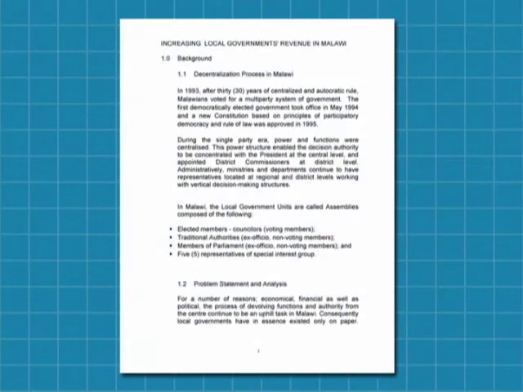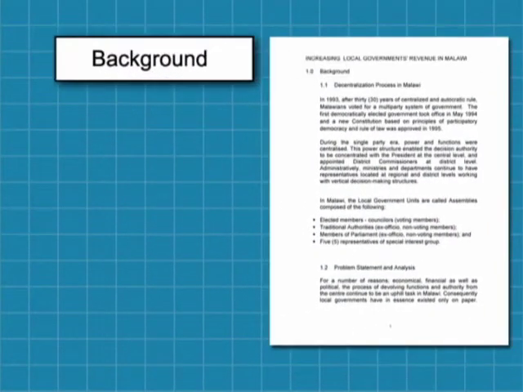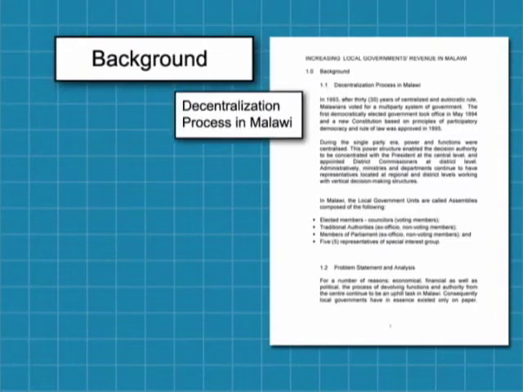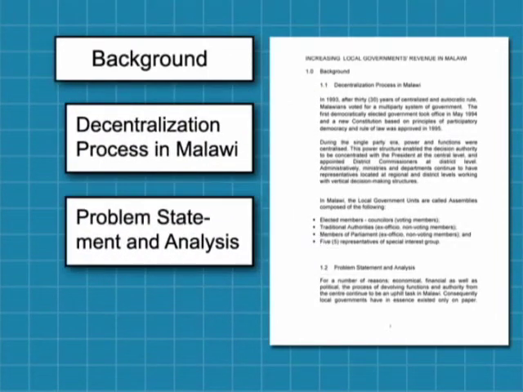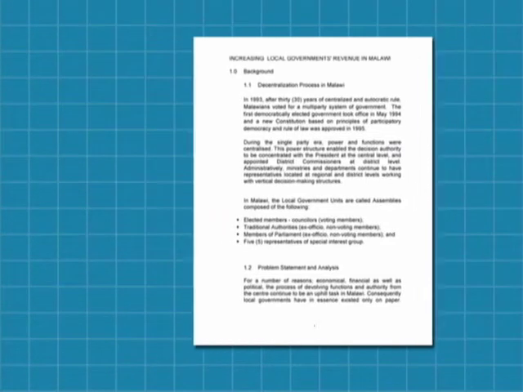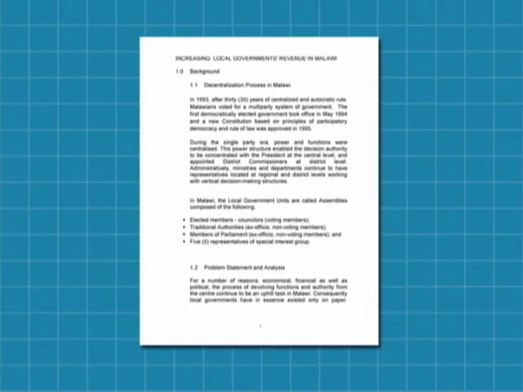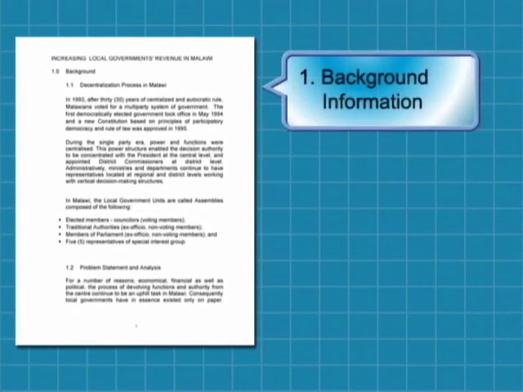Here's the title, then comes background. Background is made up with the decentralization process in Malawi and the problem statement and analysis. This means it contains some information necessary for the action plan, which are 1.